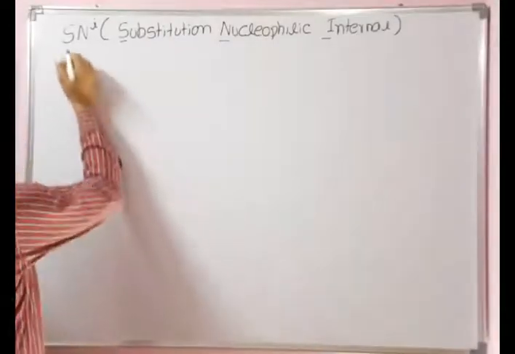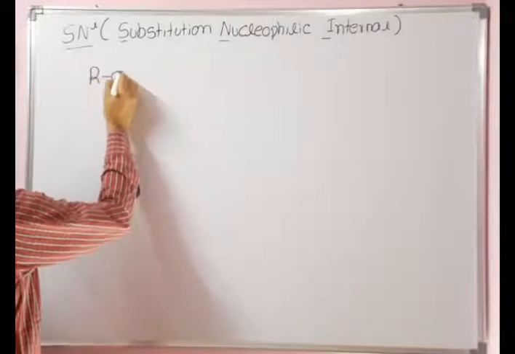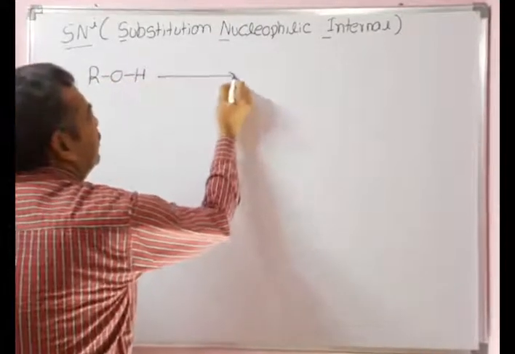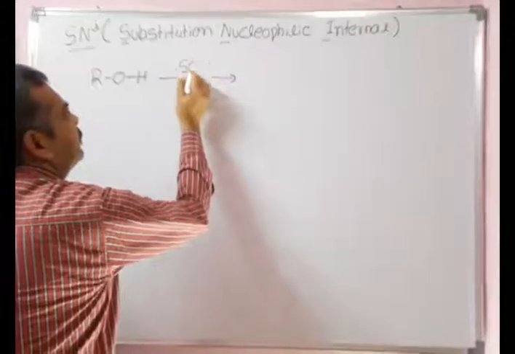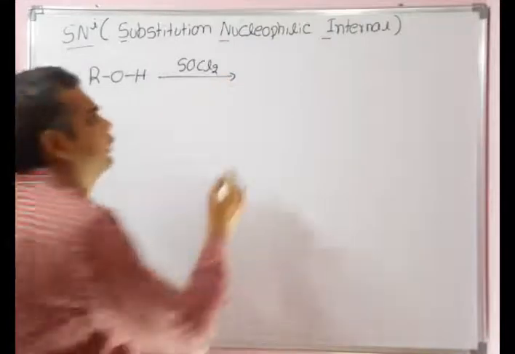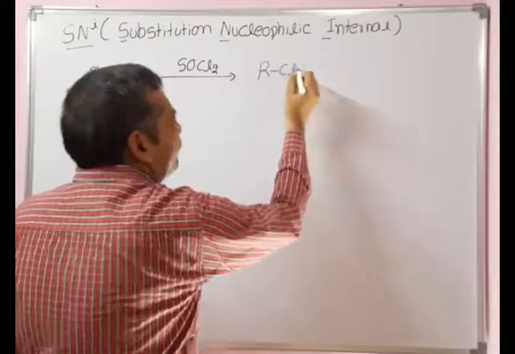Let's see one example. For example, alcohol reacts with thionyl chloride, SOCl2. Alcohol reacts with thionyl chloride to give alkyl halide.